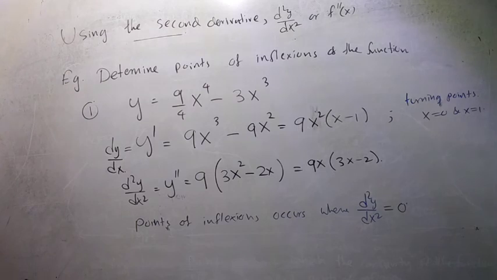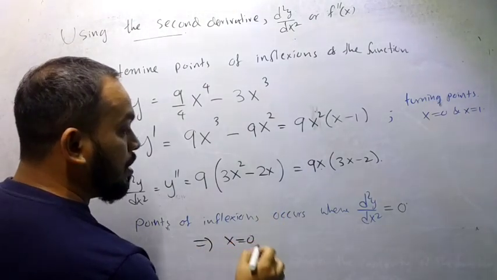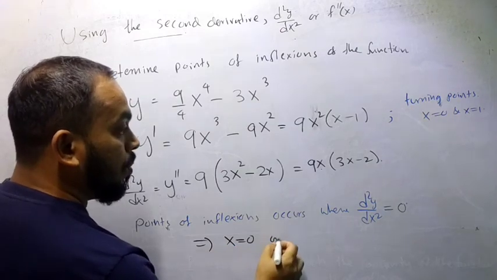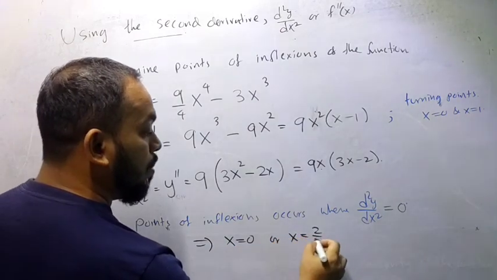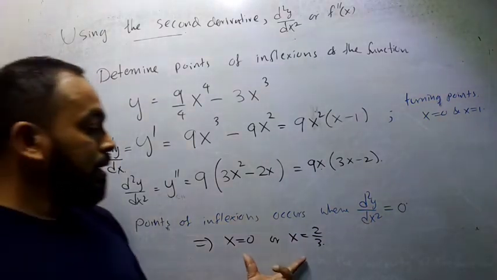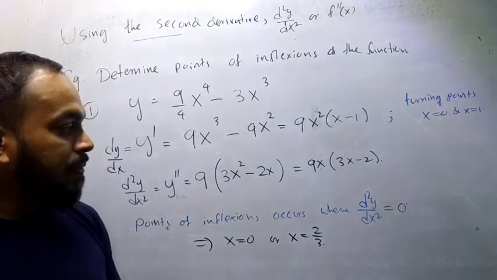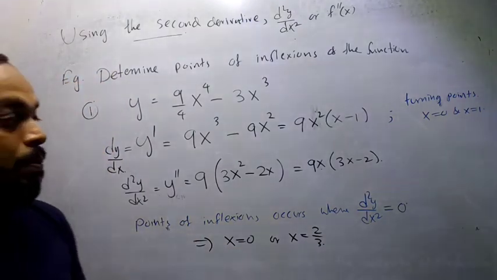So what does that mean? That implies either x is equal to 0 or x is 2 by 3. So this is actually the x value of the points. At these x values, we get points of inflection.